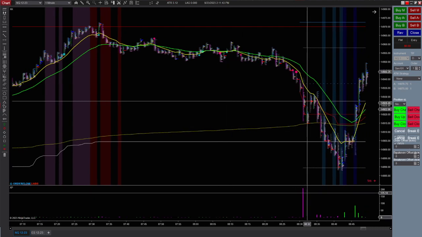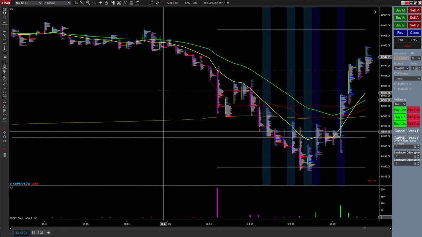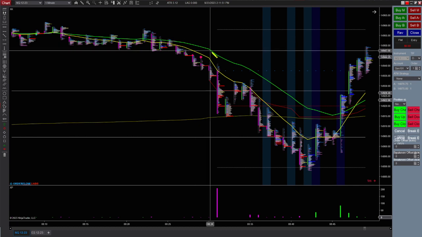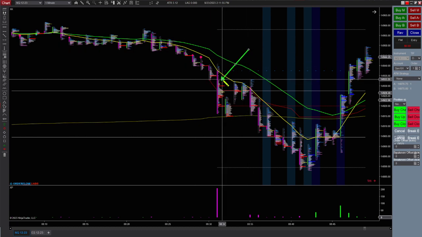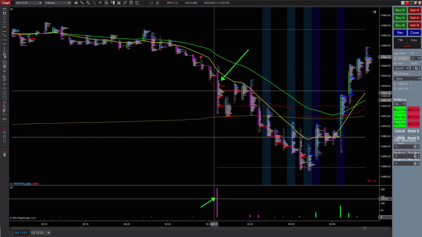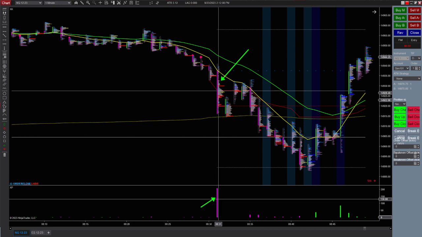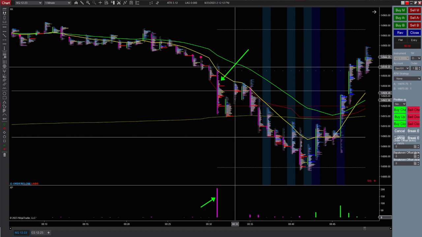A lot of what I look at are the first couple minutes of the market open. For example, this is the very first minute of the NASDAQ open, and we have a lot of volume and negative delta coming in. This is extreme, so whenever I see that, I want to sell only.